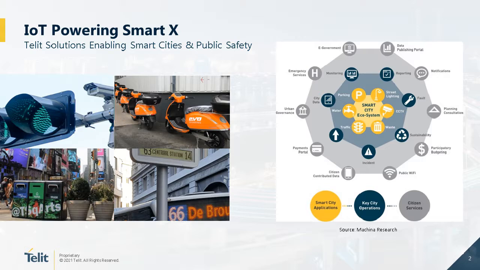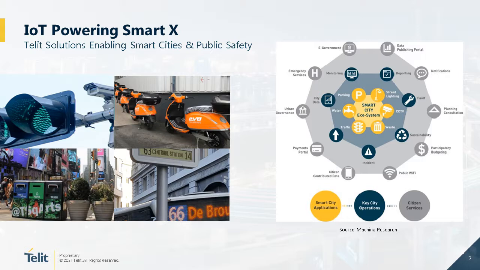Machina sees the ecosystem composed of three solution areas: smart city applications, such as street light, water, parking, and key city operations, which touch smart city applications that include monitoring, reporting, and sustainability.